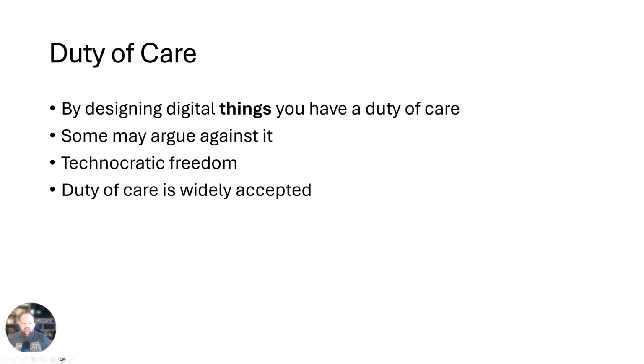It's also important to understand a duty of care as a concept is widely accepted and has been around forever. It's, I would argue, a big aspect of why society works.